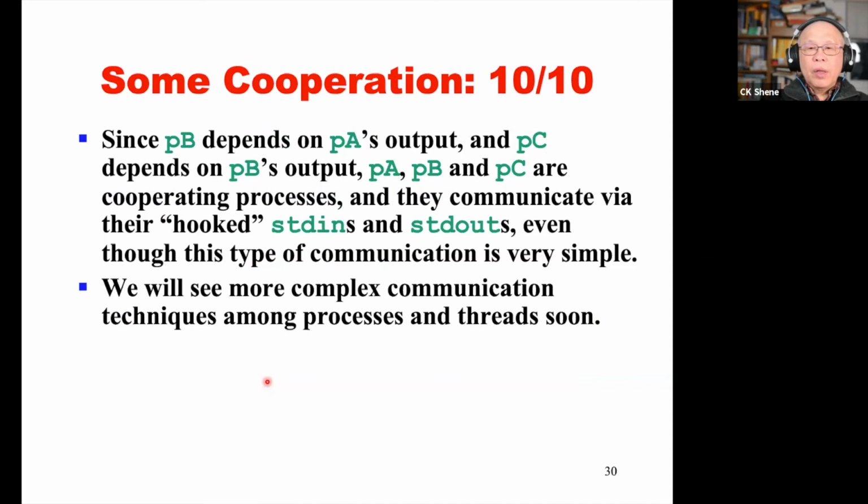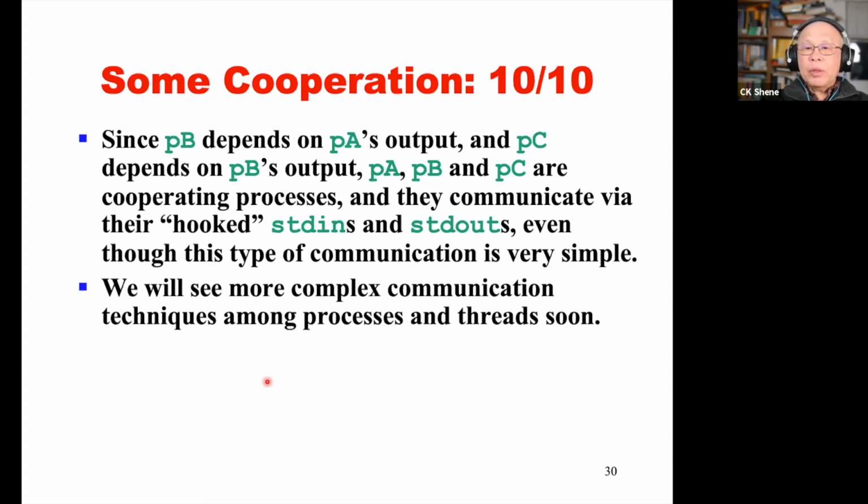This is a very limited cooperation because PB depends on PA's output and PC depends on PB's output. Therefore, PA, PB, PC are cooperating processes, and their communication is through the pipe. That is, we hook the stdin of the next program to the stdout of the previous program.